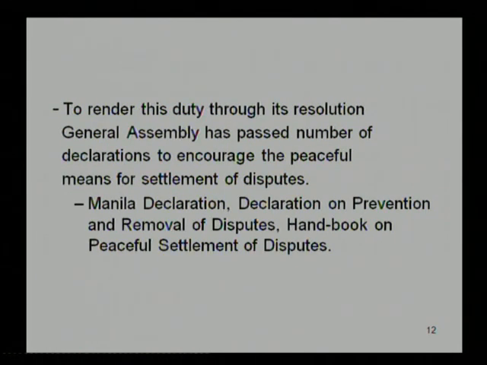To render this duty through its resolutions, the General Assembly has passed a number of declarations to encourage the peaceful means for settlement of disputes: the Manila Declaration, the Declaration on Prevention and Removal of Disputes, and the Handbook on Peaceful Settlement of Disputes. These are the main declarations on which the General Assembly has started the discussion, and through its discussion it has solved disputes.